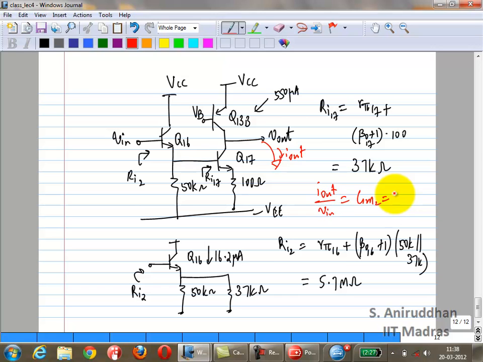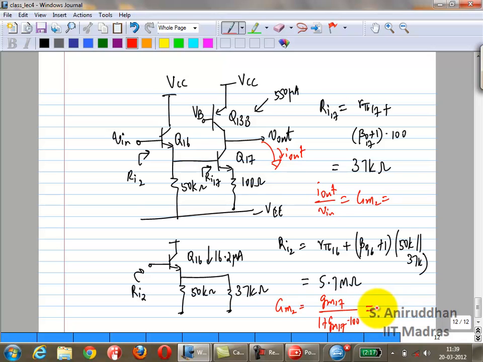What is the transconductance of this? We have done this before even in MOSFETs. It is GM17 over 1 plus GM17 times 100 ohms. Right? What is this?